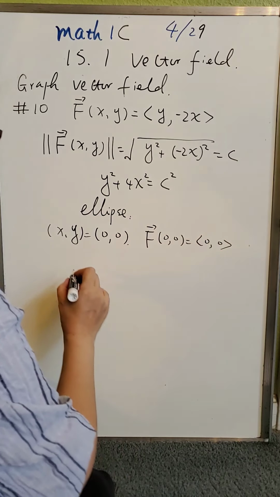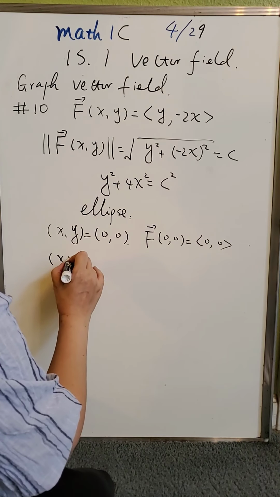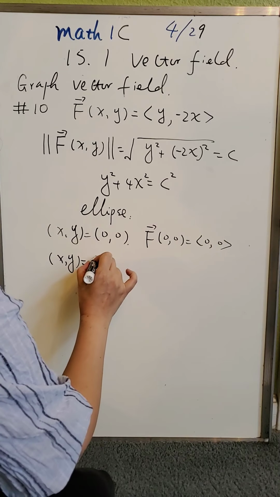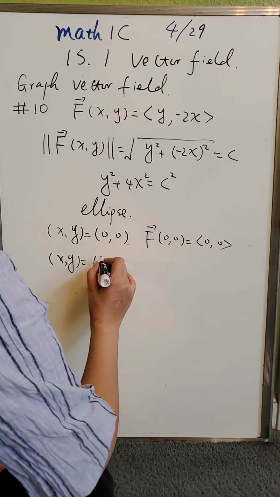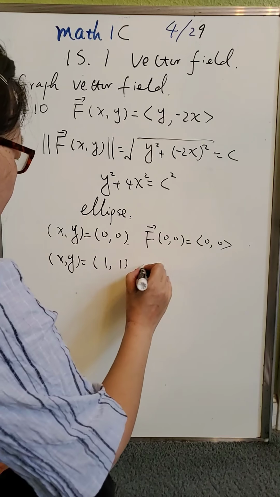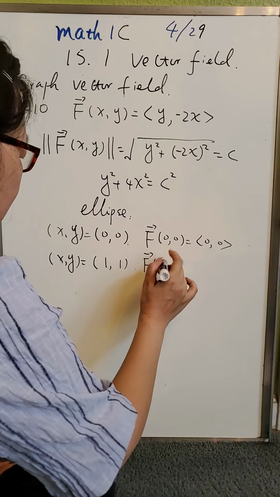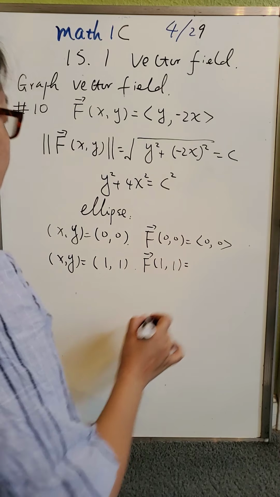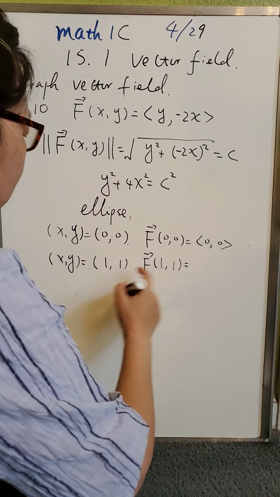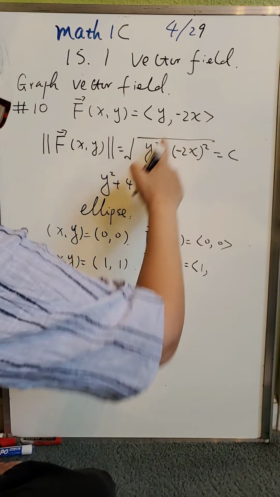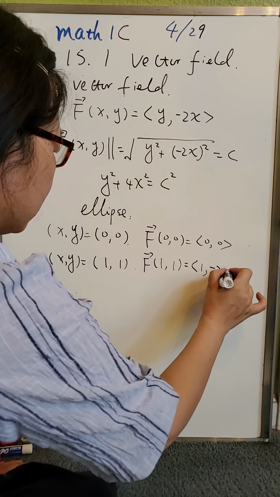So the first one is pretty simple. And then I go xy equal to 1 and 1. And then my f(1, 1) will equal to y is equal to 1, and then x equal to 1, so it's negative 2.